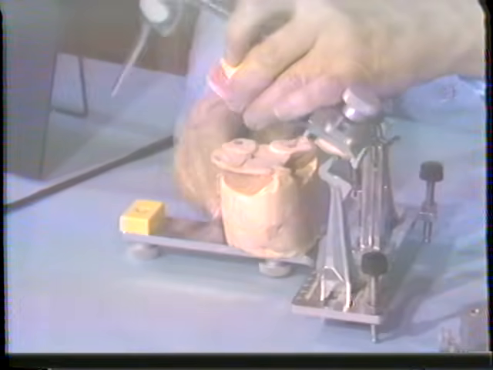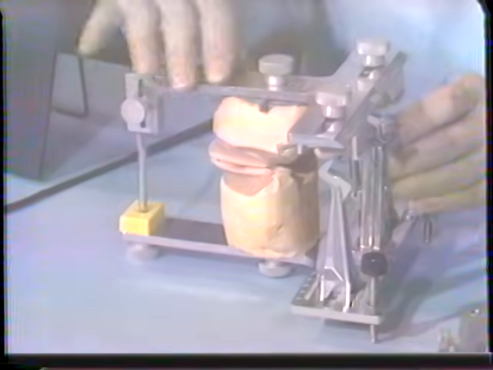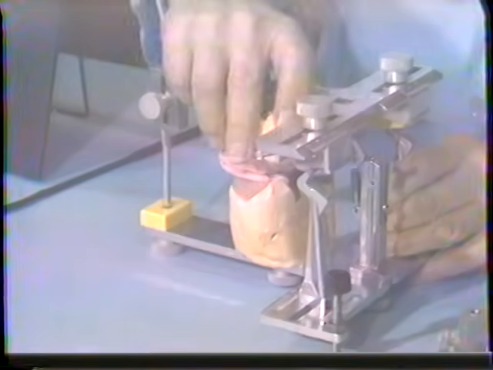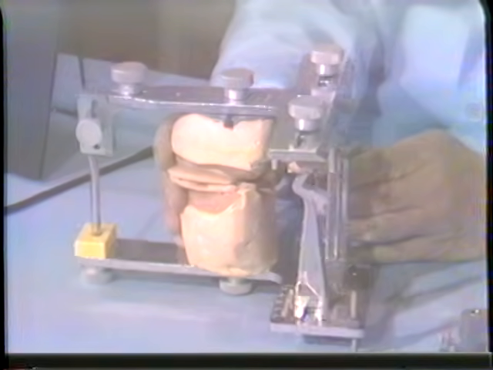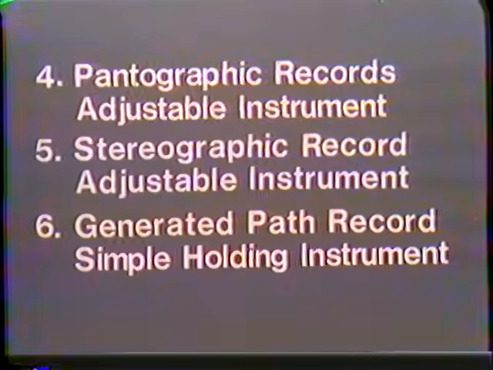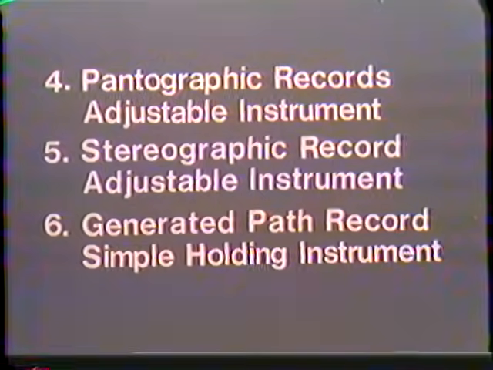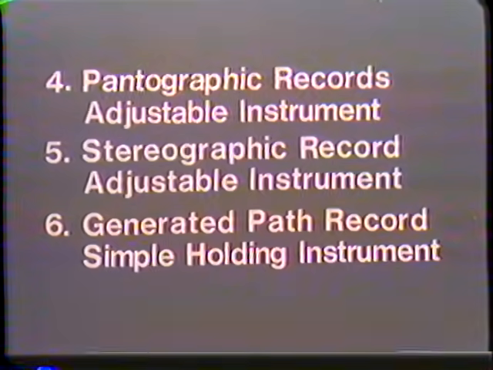This is an extension of the engraving method called a stereographic procedure, where after the case is mounted in a centric relation record, and the tracings have been made, we can actually trace out the fossa inclinations.